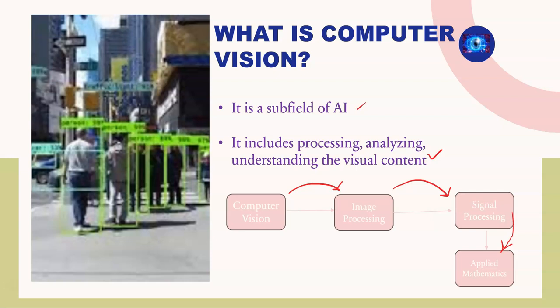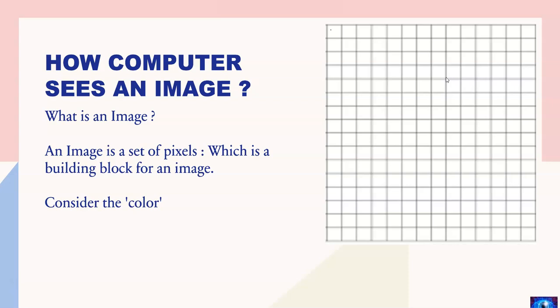So in this sequence, the first and the most important component is the image. What does a computer actually see an image like? An image is a set of pixels according to the computer, which is the building block of an image. If you look at this, it is an array, a kind of matrix. It has some height and some width.